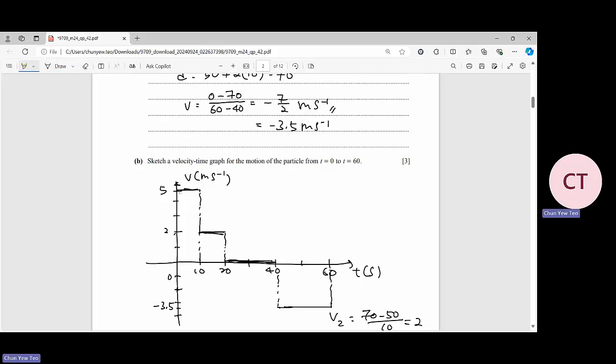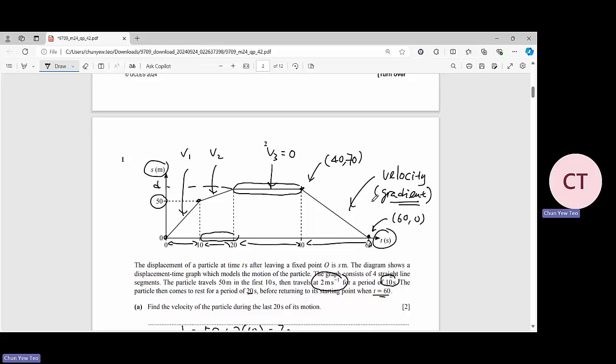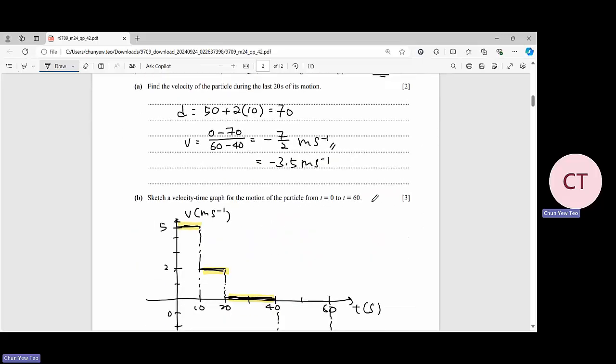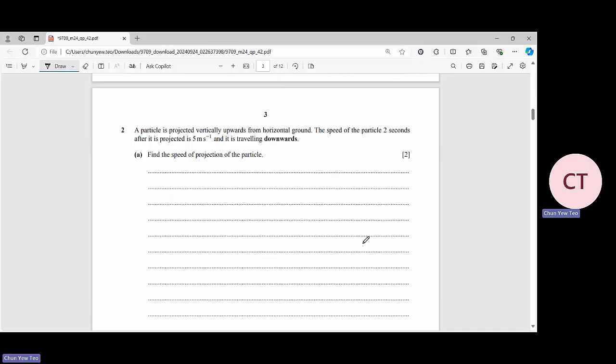The graph should be like this, and this only. So this will be the velocity-time graph for the motion described in the question. Just like that. That is the answer for number 1B. Moving on, we have question number 2.